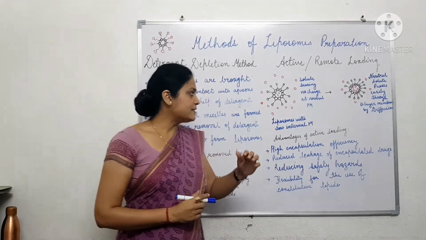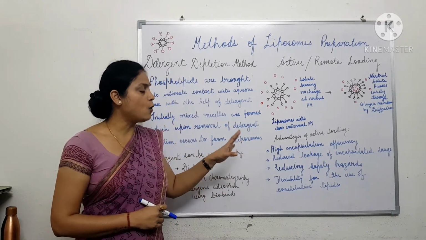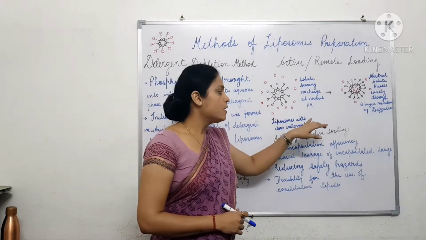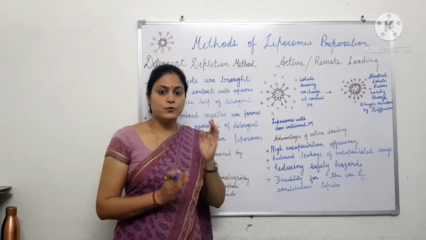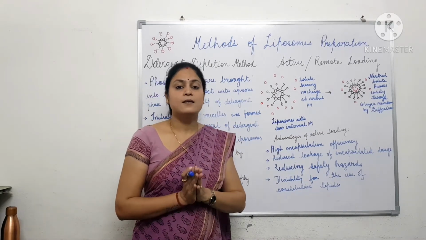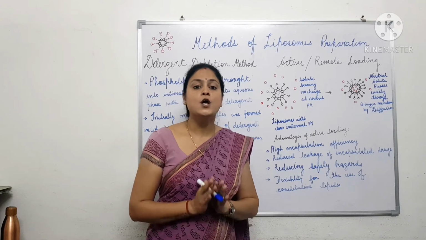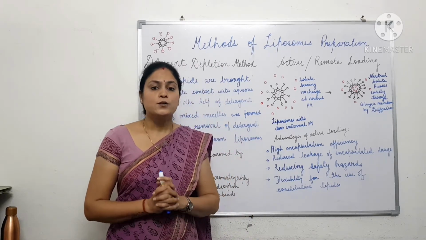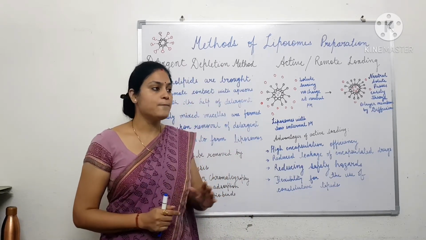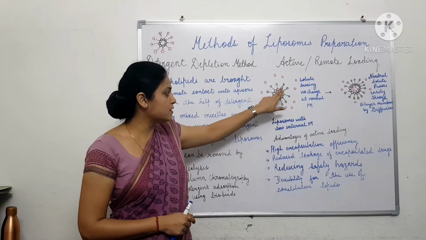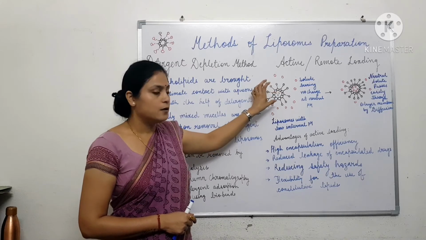Now, let's understand the mechanism of how the drug is loaded into the preformed liposome. First, to create a pH gradient, the liposomes are prepared using a low pH solution so that it results in the creation of a low pH interior of the liposome.